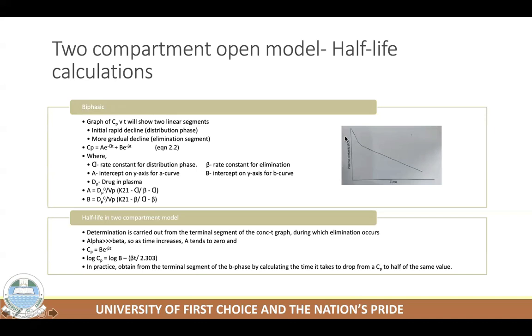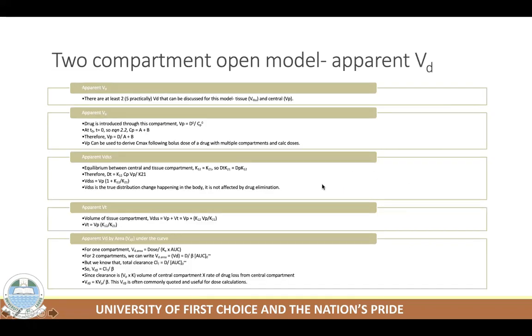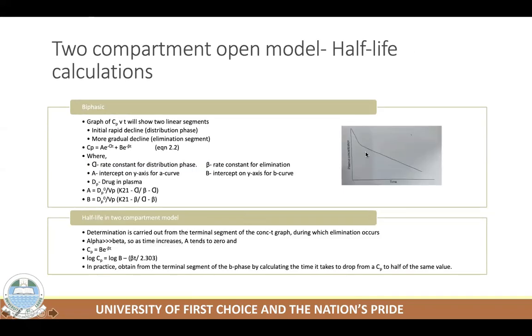Another method is you can plot a graph if you have the values, and then you can extrapolate from the graph. What you do is take one concentration, and then you look at the time it takes for half of that concentration.